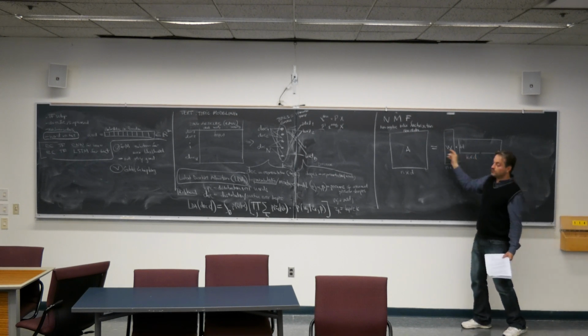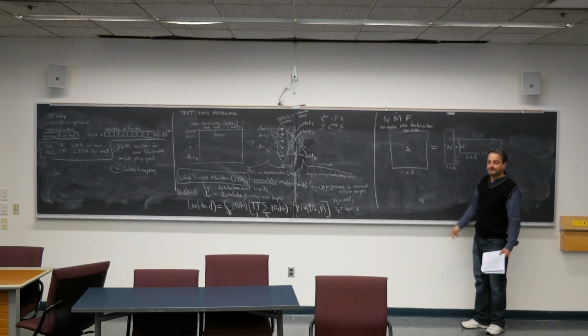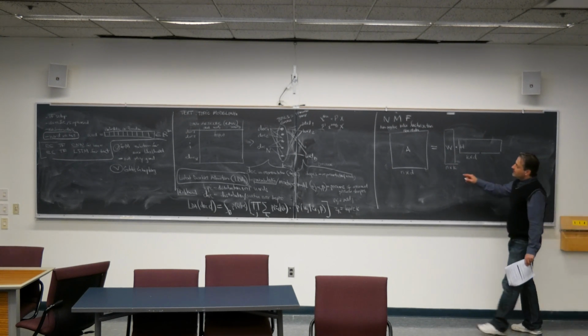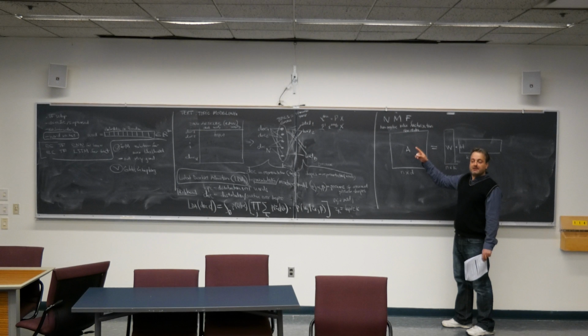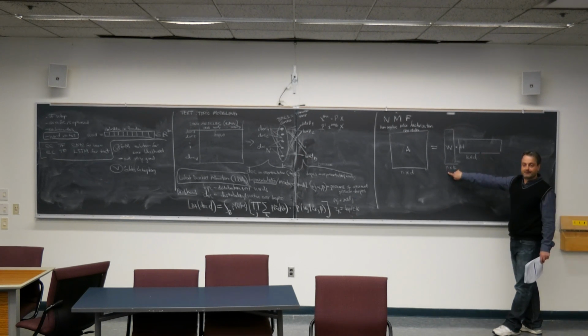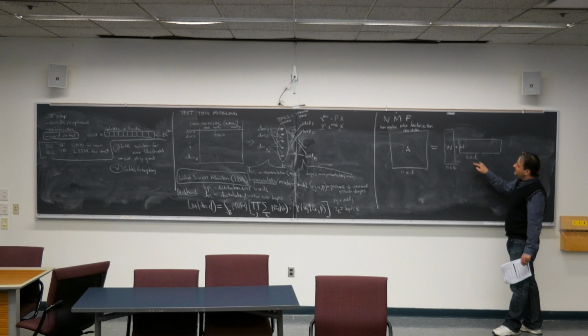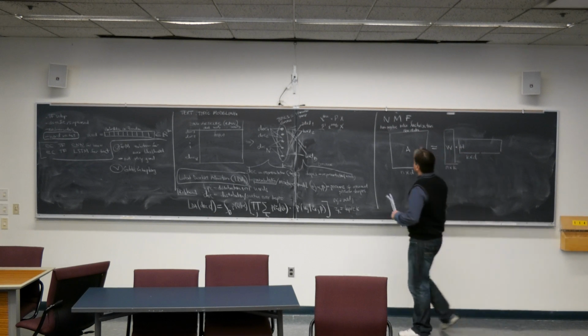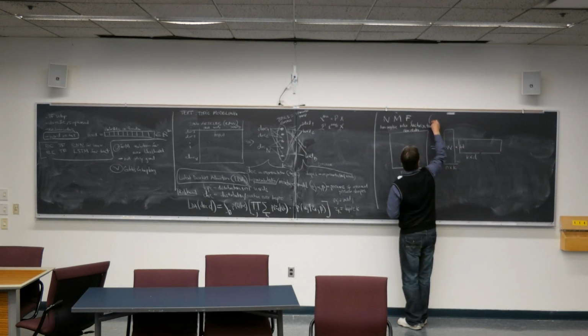Well, X nu has what dimension? N times K, that's X nu right here. And P minus 1 should be K times D or something like that. So this is linear algebra.